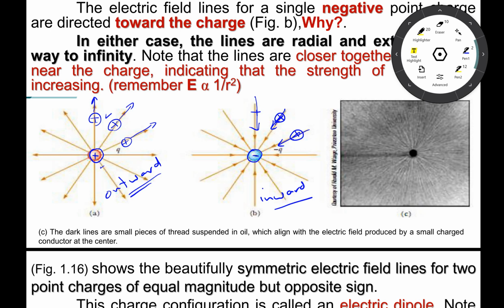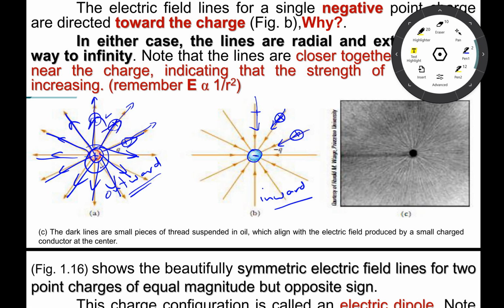So we can use imaginary lines to explain the direction of the field. To show the direction of the field around a positive charge, we always draw imaginary lines outward to show the direction of the electric field around a positive charge.